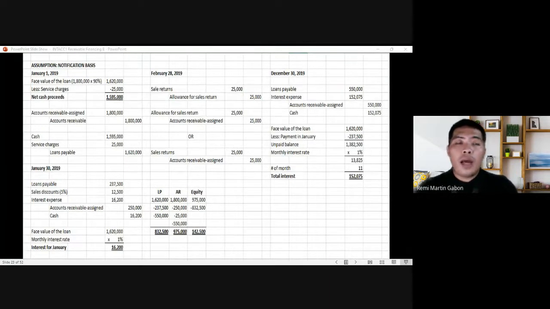Should the accounts receivable assigned no longer be sufficient to cover the balance of the loans payable, the company needs to reassign accounts receivable just to satisfy payment of the loans payable until the loans payable is fully paid.